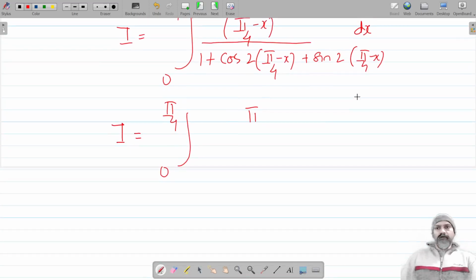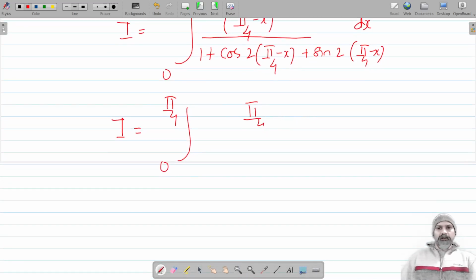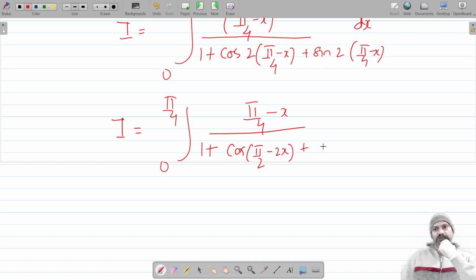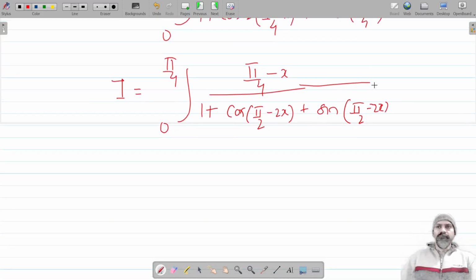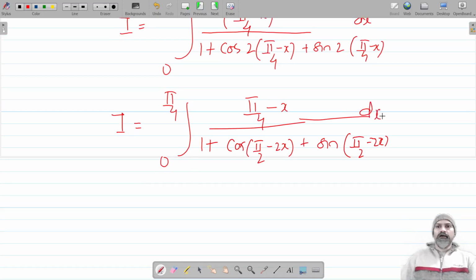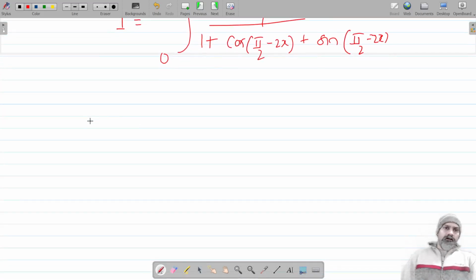So I is equal to this, pi by 4 minus x upon 1 plus cos 2 into pi by 4, which becomes cos of pi by 2 minus 2x, plus sine of pi by 2 minus 2x.